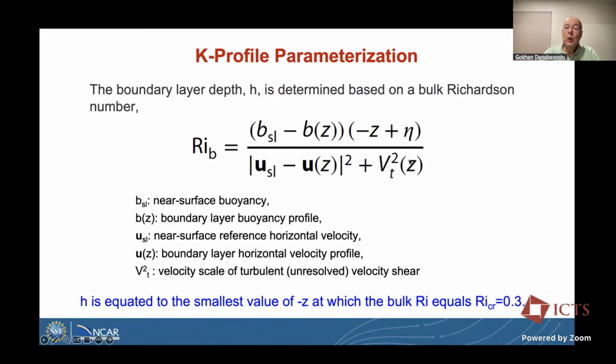So how do we determine the boundary layer depth? It is simply determined based on a bulk Richardson number. Whenever the Richardson number given in this expression equals a critical Richardson number of 0.3, or it can be 0.25, that depth is determined as the boundary layer.